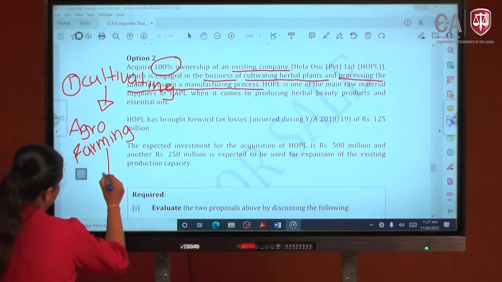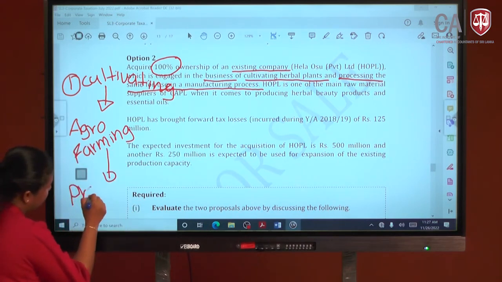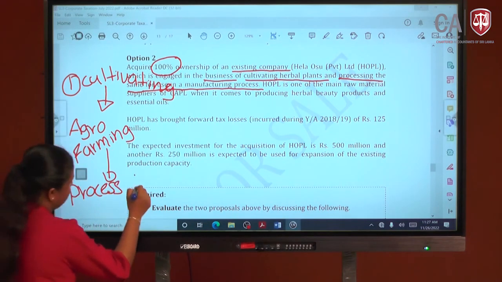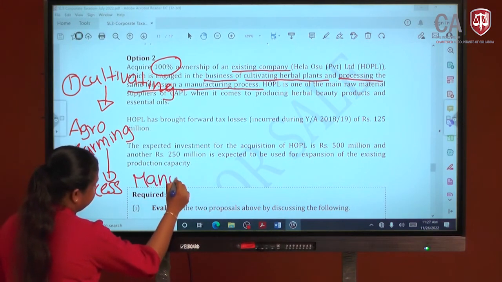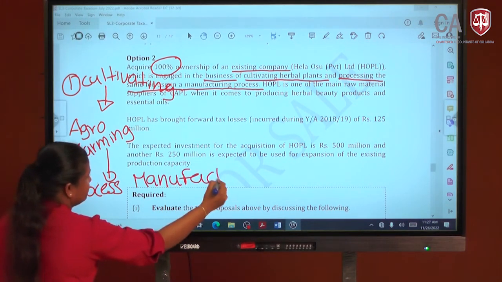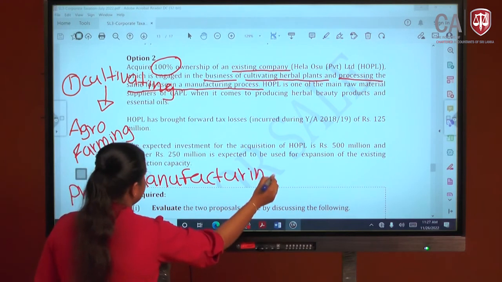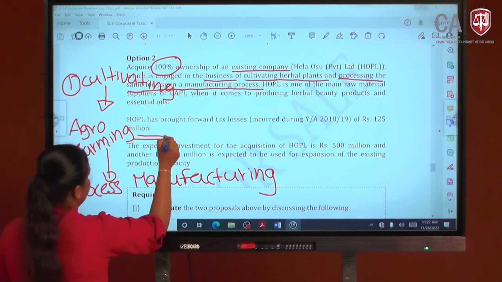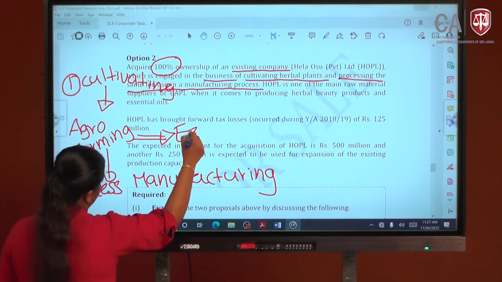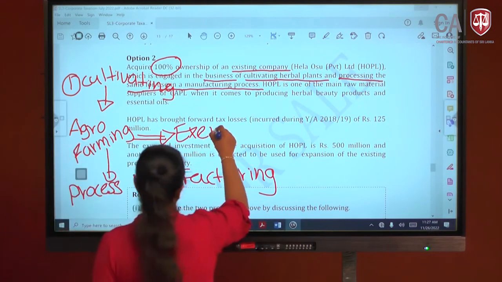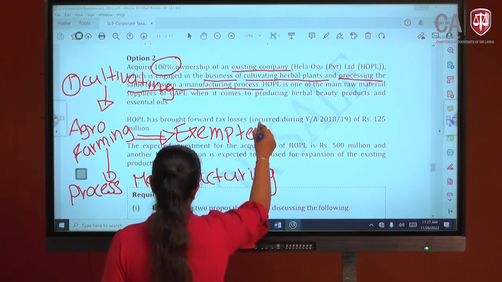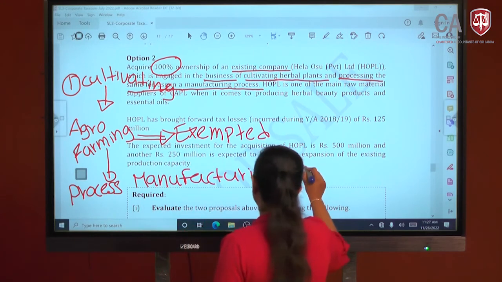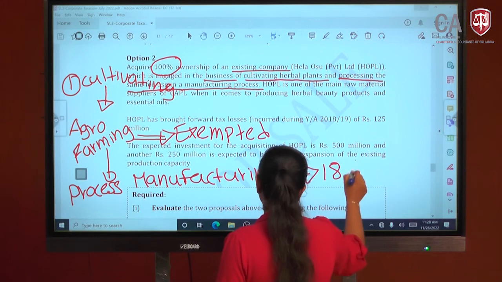Agro-farming, after that, processing for manufacturing. Here, farming is exempted from income tax. Manufacturing, the rate is 18%.